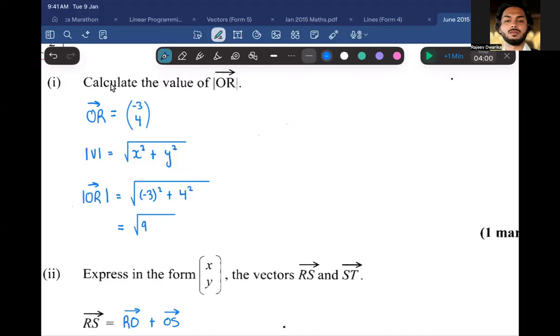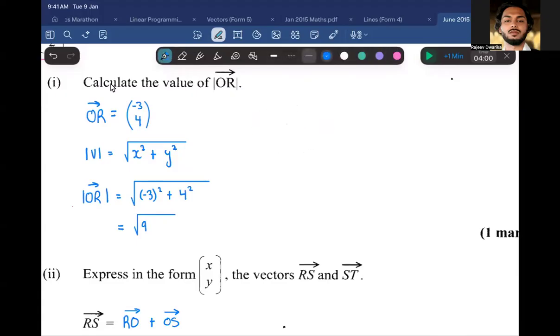Minus 3 squared means minus 3 by minus 3. What is a negative by negative? Positive. What's 3 by 3? 9. So minus 3 squared means positive 9, not negative 9. Don't make that mistake. Anytime you square a number, you get a positive answer.